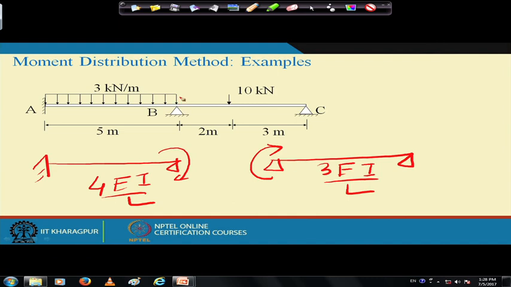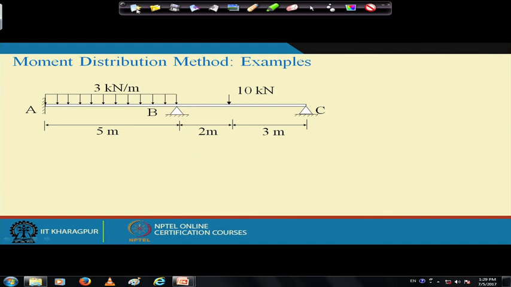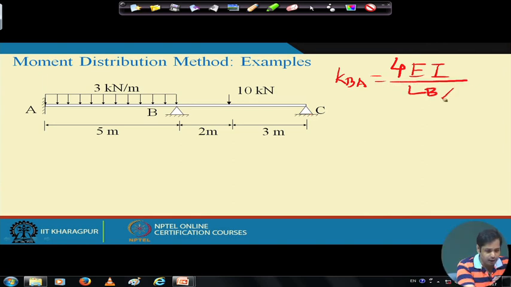So then what are KBA and KBC? KBA is equal to 4EI by LBA. EI is constant in both cases, so let us write it as EI, and that is equal to 4 by 5 EI.